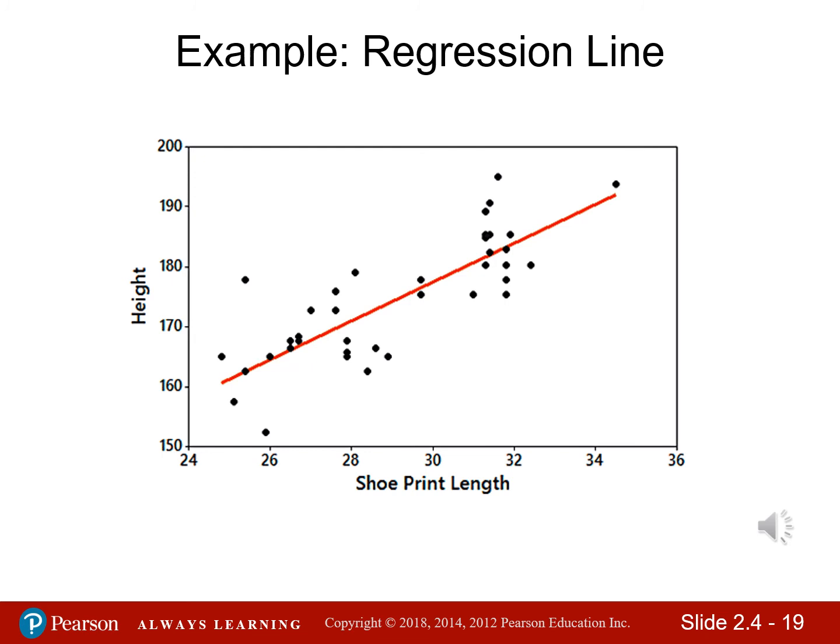Let's go back to our example of shoe print lengths and the heights of males. If we want to create a regression line that best fits our data, we can use our statistical tools of choice to achieve this. In this example, the researchers again used DACC.